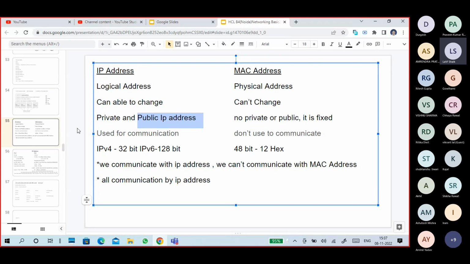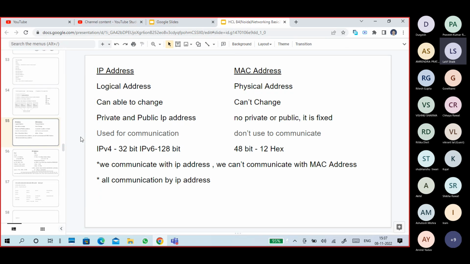That is a different scenario, I will explain that. But a MAC address is not valid outside of your LAN. Outside of your LAN, no one knows your MAC address, so we cannot access a system or send a packet with a MAC address, even in a LAN or WAN communication.